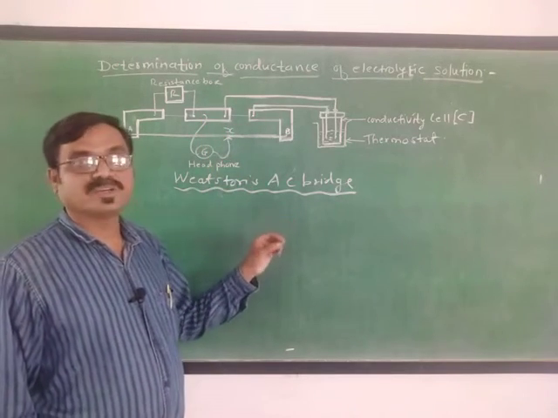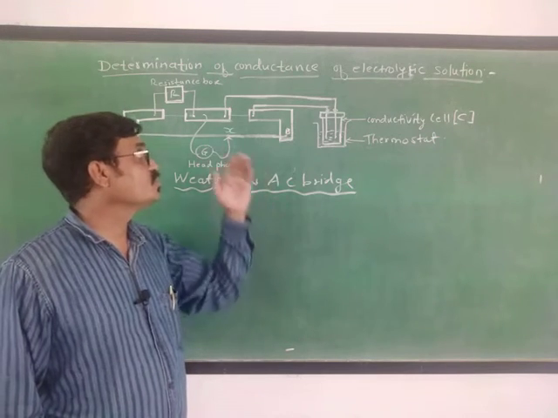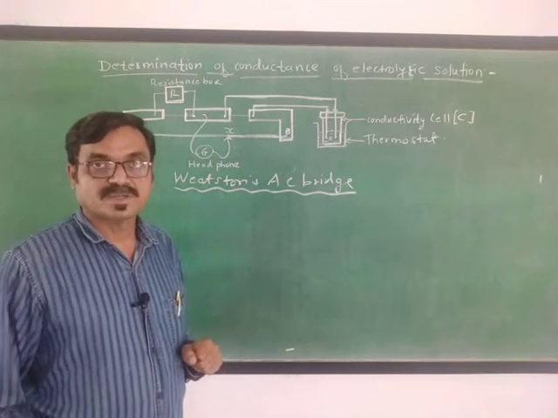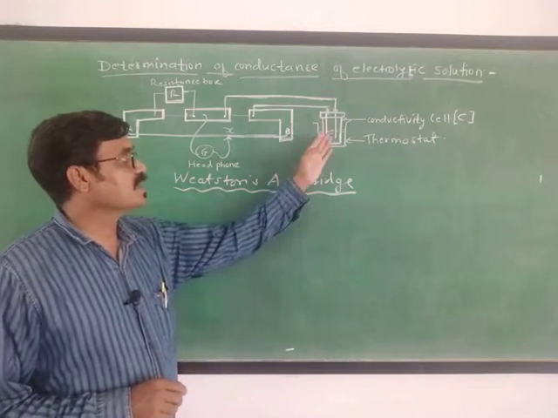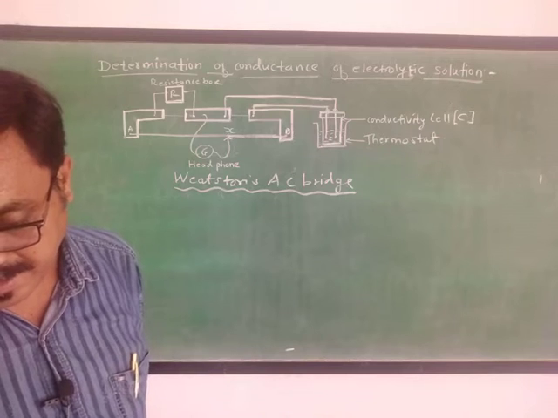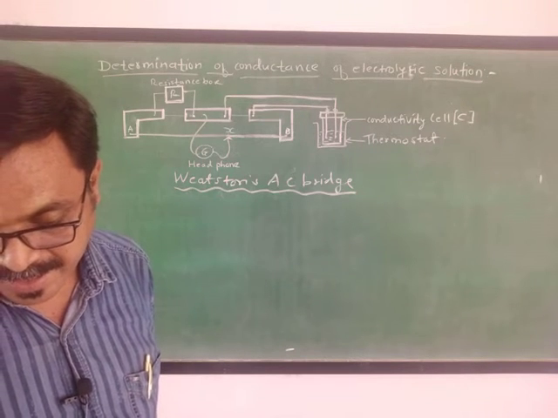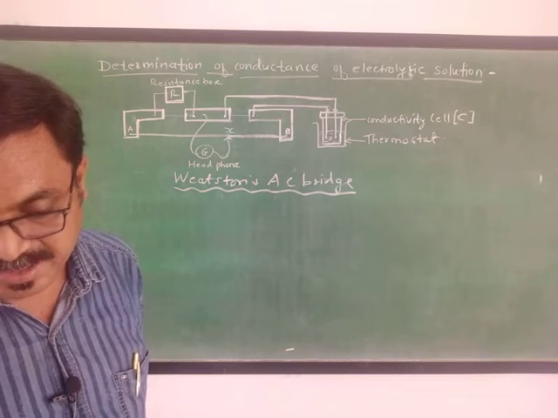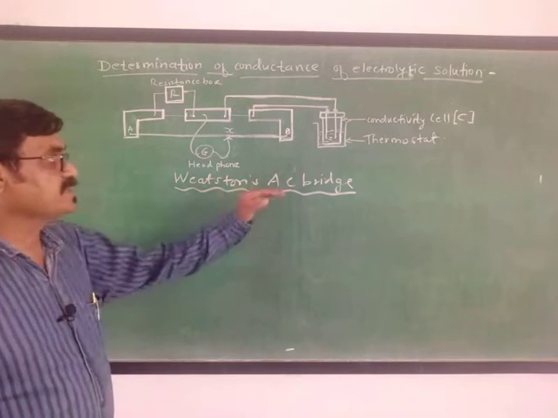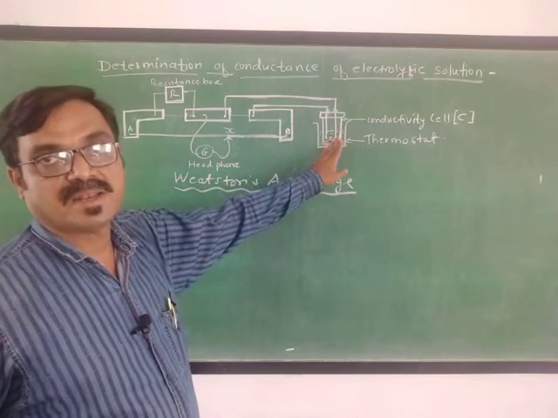Actually we are going to determine the resistance first, and after taking the reciprocal of that resistance, you get the conductance. The solution under study is taken in a conductivity cell, and then the current is allowed to pass through the solution.